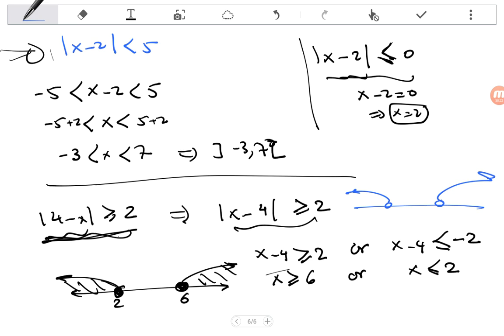We are just pointing outwards like this. But solving an inequality with less than will always be an interval in between like this. Okay, that is in general for inequalities.